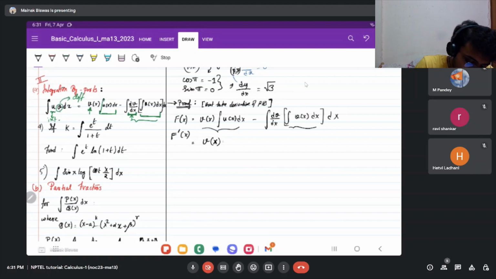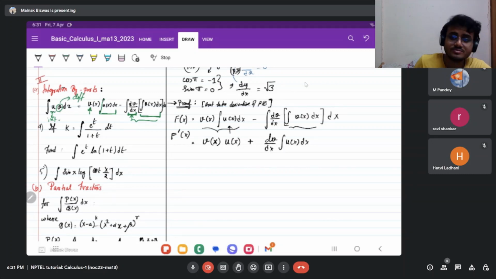Okay, so UV rule. First differentiate this function and you get u of x, plus dv/dx times the integral of u(x) dx. Now take the derivative of the second function.